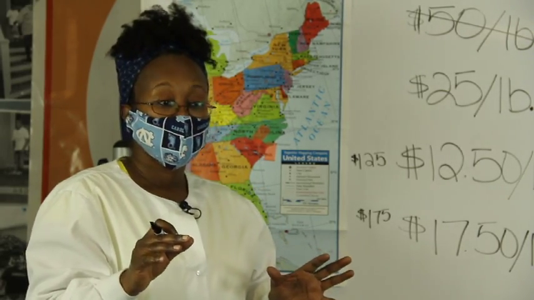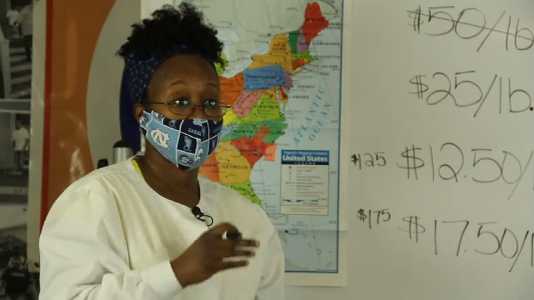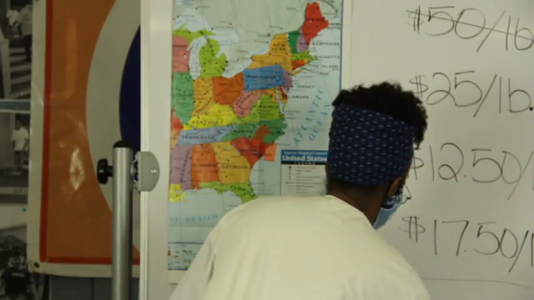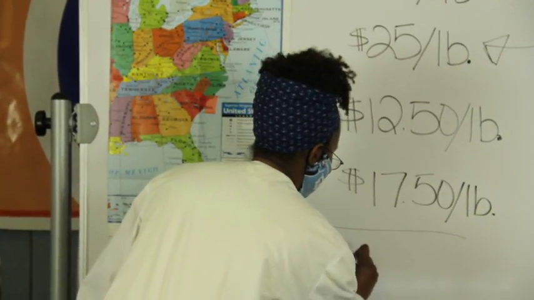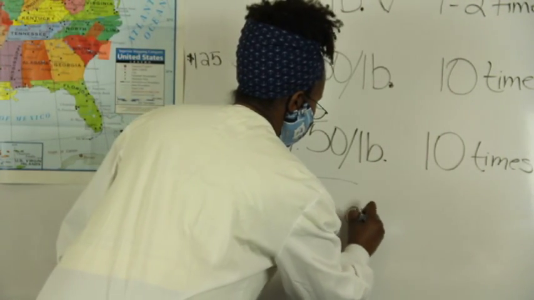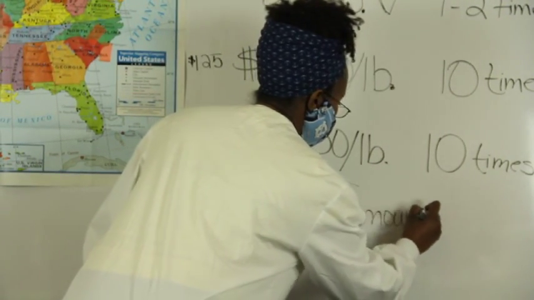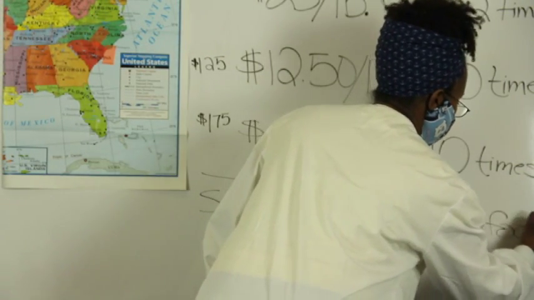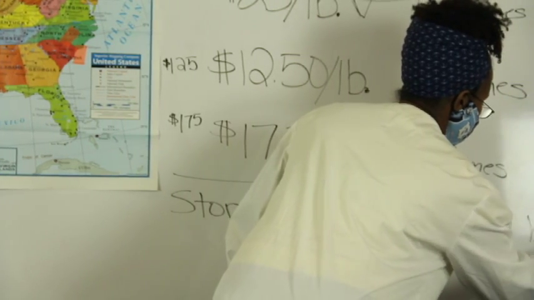So now they change the supply. What does that mean? So the storm decreased the amount of seafood by half.